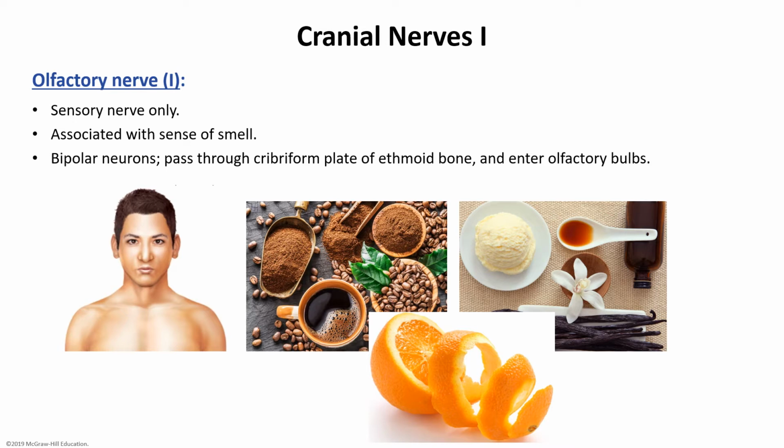If they have a problem with the cranial nerve itself, they generally won't be able to smell anything, no matter how strong it is. At that point, if you put a rotten egg underneath them, they wouldn't even notice it.